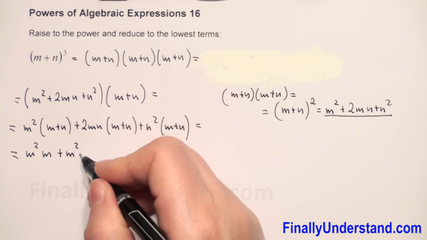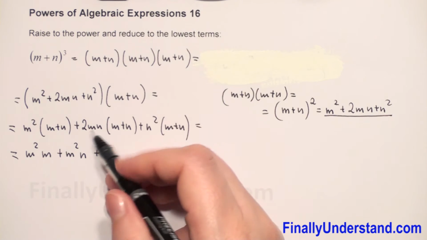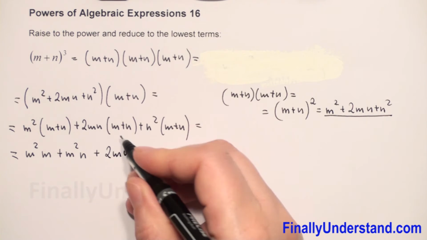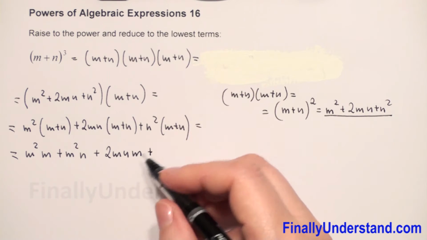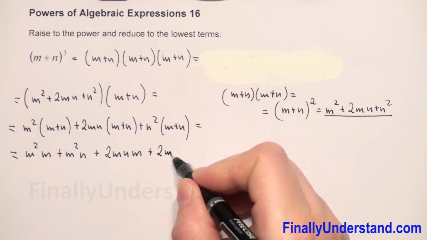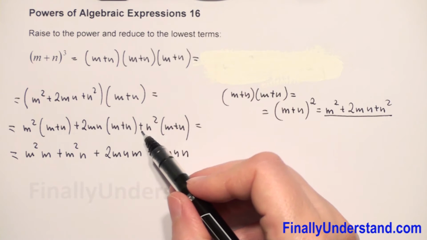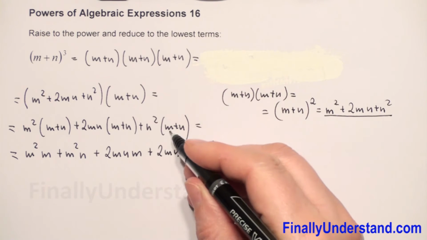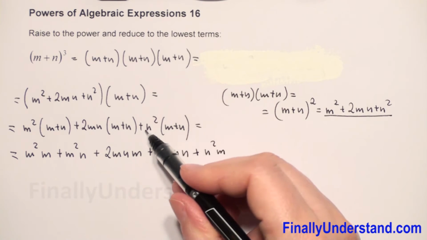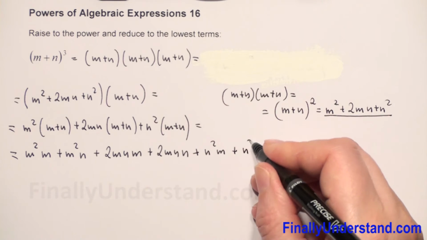Next we have positive times positive, so it will be positive 2mn times m. Positive times positive, so it will be positive 2mn times n. And now we have positive times positive again, so it will be positive n squared times m. And positive times positive will be positive n squared times n.